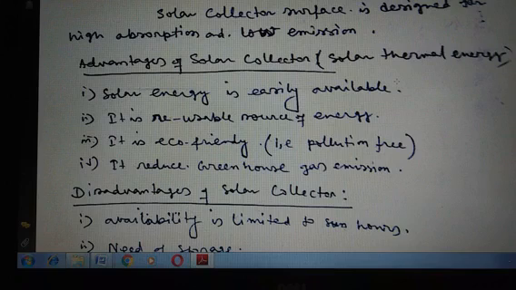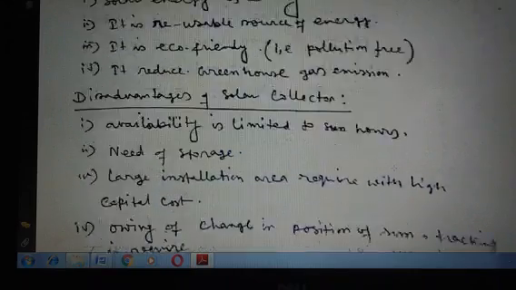The sun is always present throughout the day in normal season, and it is a reusable source of energy. So this energy is called renewable energy, and this system is eco-friendly because no pollution and no greenhouse gas emission are produced by this type of solar energy, and it reduces greenhouse gas emission. So these are the advantages.